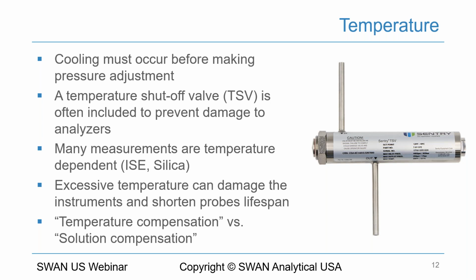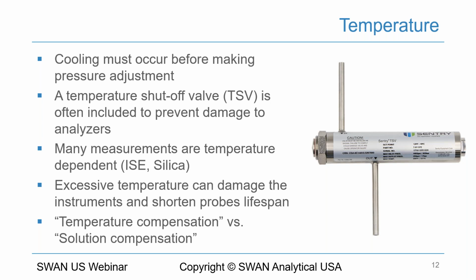Solution compensation is one that not everybody is aware of, or a lot of the instrumentation historically has not had the capability of solution compensation. And this actually accounts for the changes in the ionic species in the fluids at the different temperatures. As we heat a sample up, the ions move at a quicker rate, and the probes or the measurement can actually overcount or overestimate the amount of that ionic species.